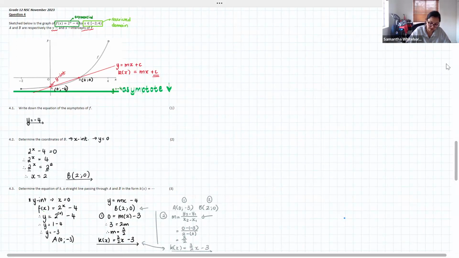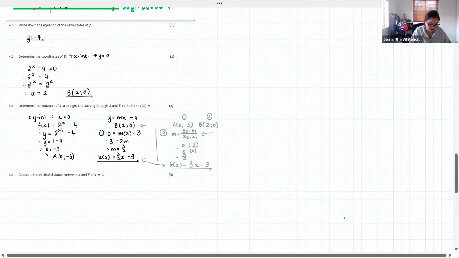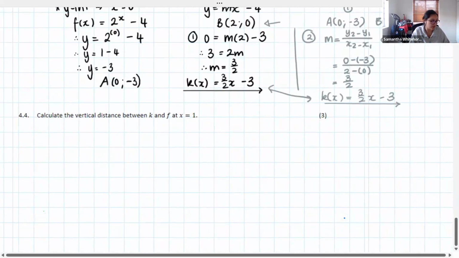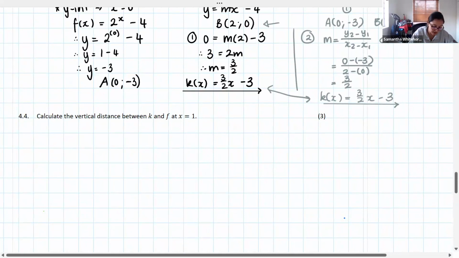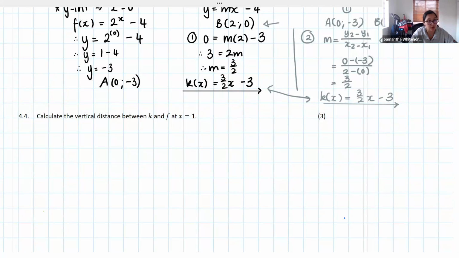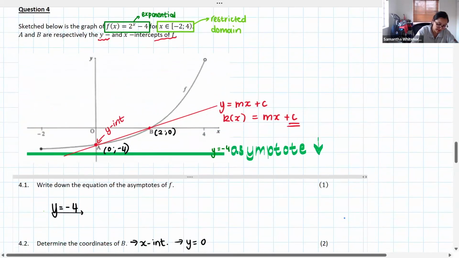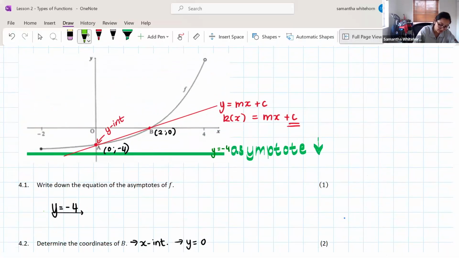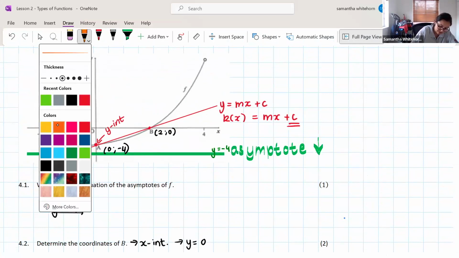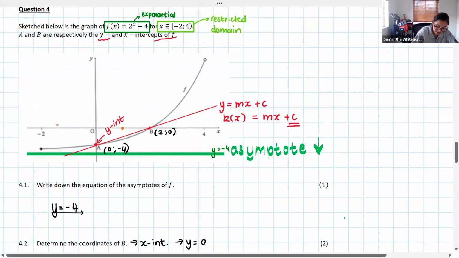So if we look at question 4.4, this is asking us to calculate the vertical distance between k, the straight line, and f, the exponential, at x equals 1. If we go back up to our graph, x equals 1 is about here. So we want the distance between these two graphs here.